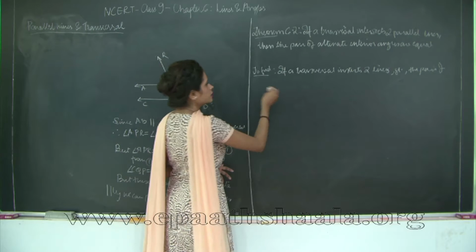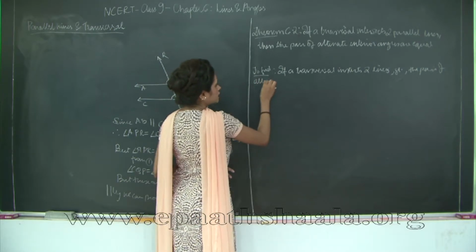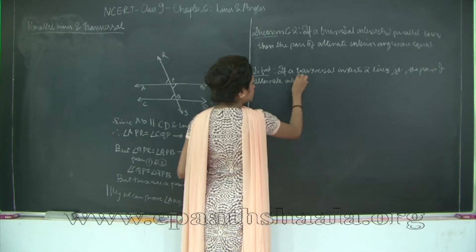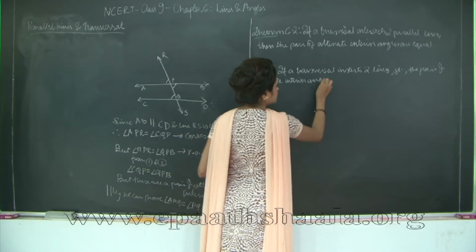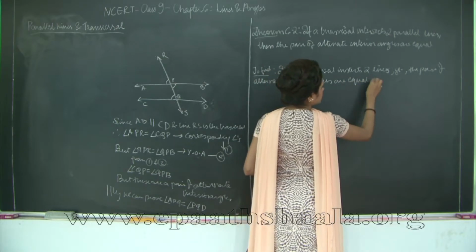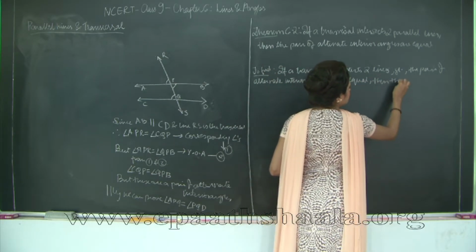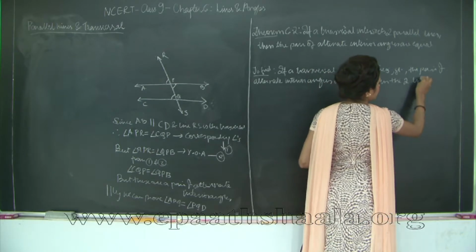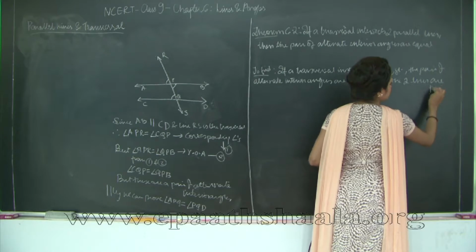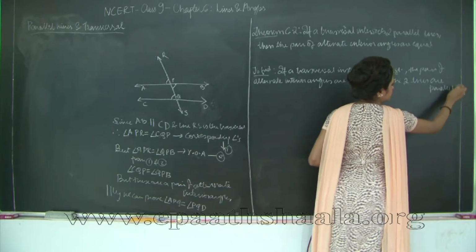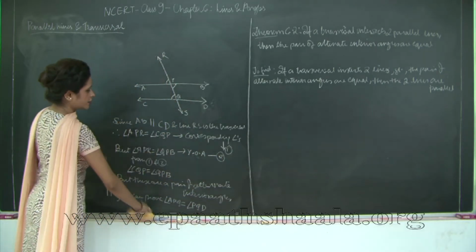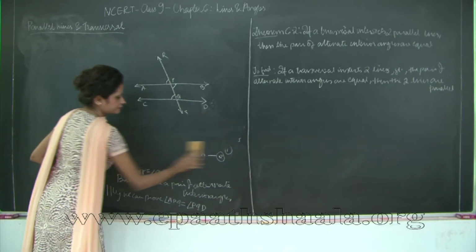So let's write this down. The pair of alternate interior angles are equal, then the two lines are parallel. Correct? So how are you going to do this? Again, let's take this same figure. I'll erase this section.